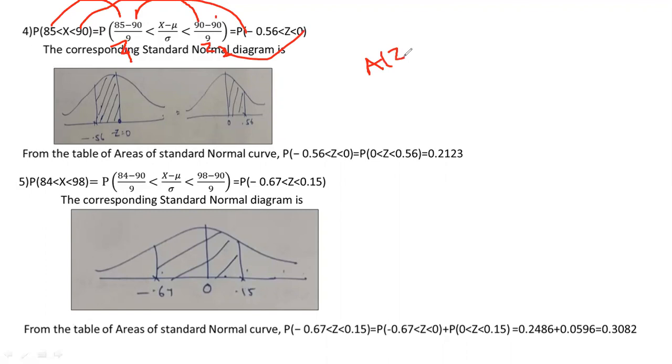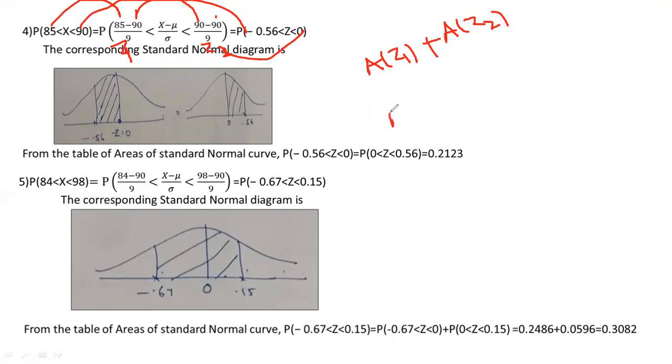This is the formula we use to get the value. We are not going to take the minus sign here, because the minus sign only indicates whether it is on the left side of the mean line or the right side. To get the probability we don't use negative values, because probability does not exist with a negative sign.